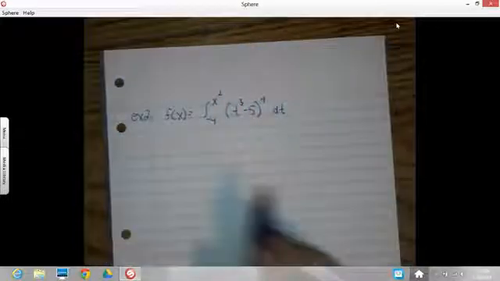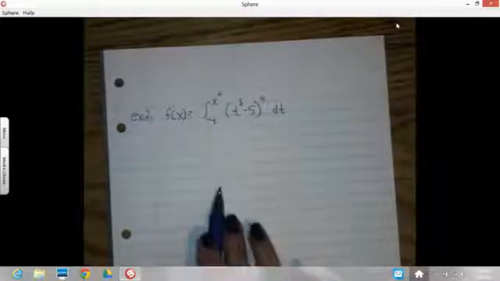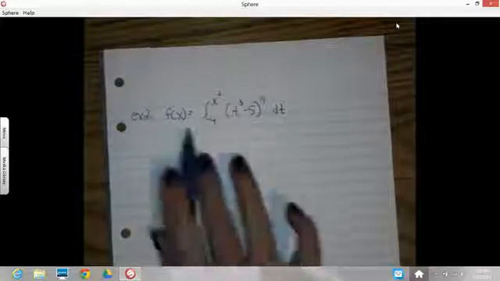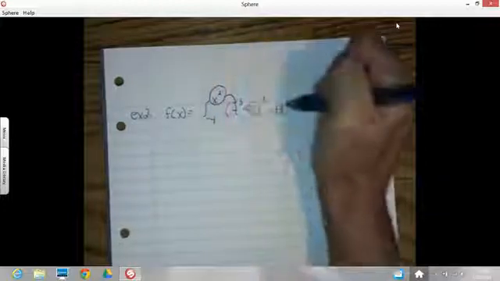Okay, I'm looking for the derivative, not the antiderivative. I could go through and do the antiderivative and then do the derivative, but I don't need to. I've got a shortcut. My shortcut says take this, substitute it in for all of the t's, there's only one t here, and then multiply by the derivative of this.